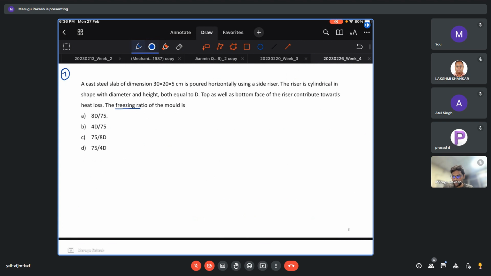Spend some time, and if you are familiar with shape factor calculations for different types of shapes, then it will be easier to answer this question.